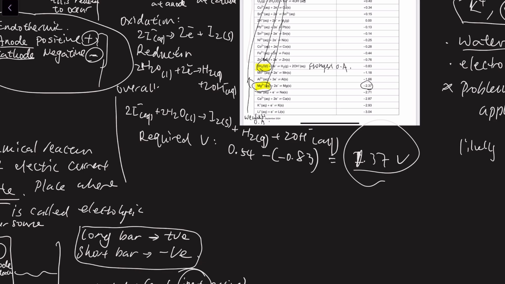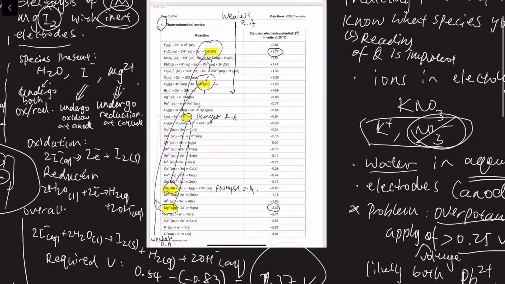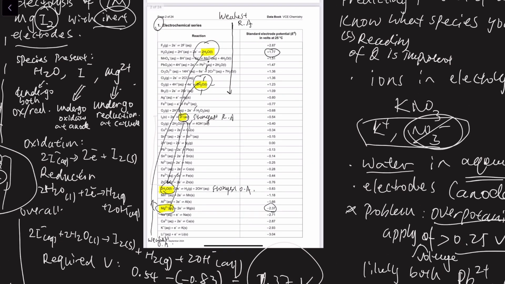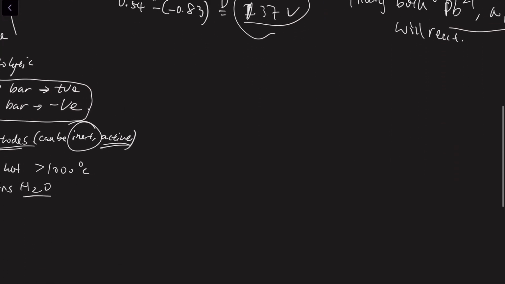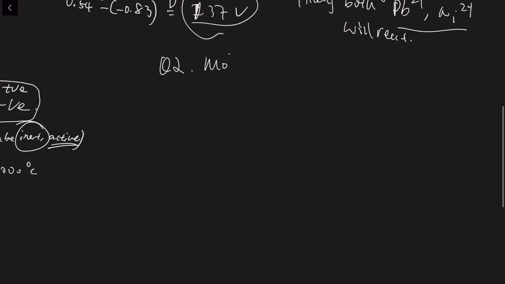Okay, so this is an example question. So let's now look at another example question. Question 2. We have molten electrolyte. So you should be very happy when you see this term, because you don't need to worry about water anymore.